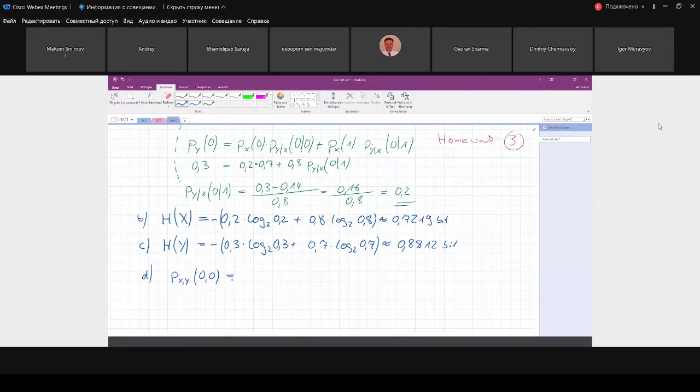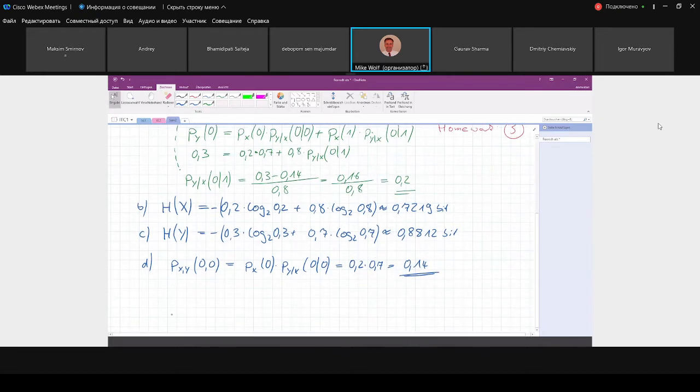Given the probabilities that we have, we can of course write this as px of 0 times py given x of 0, 0. It's clear. So what do we get at the end? We get, of course, 0.2 times 0.7, and this is 0.14, right?